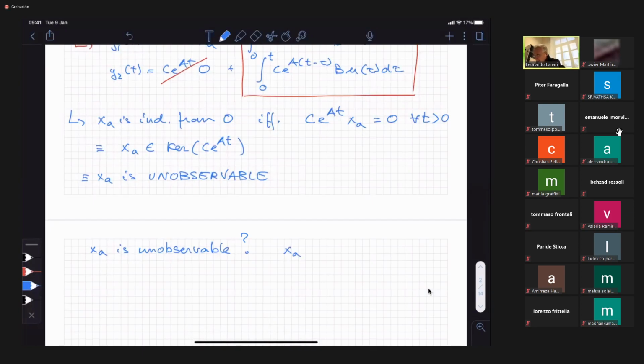We said that the state is unobservable if it belongs to the kernel of the observability matrix. Okay. So we have a way to find all the unobservable states. So all those states which would create free evolution identically equal to 0 for any t.